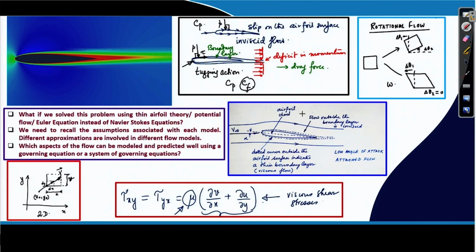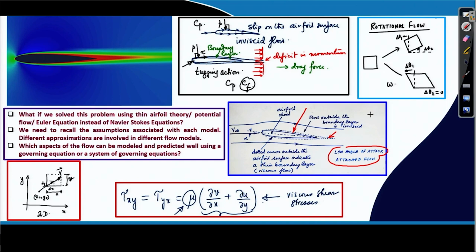Let us look at this figure, where schematically we are trying to explain that there is a uniform velocity which is impinging on an airfoil at an angle of attack, and you have a boundary layer formation, a viscous dominated region which also moves into the wake of the airfoil. There is a very thin separation, and by and large you can say that you have a low angle of attack, primarily attached flow on the airfoil surface, and beyond the dotted region you have a practically inviscid flow.